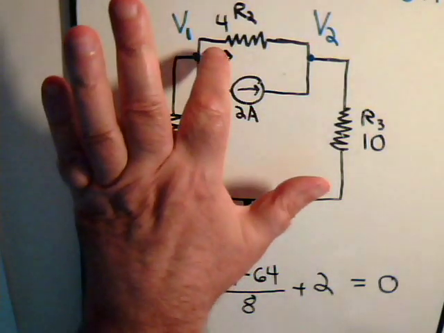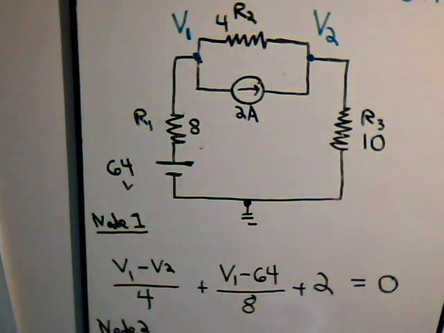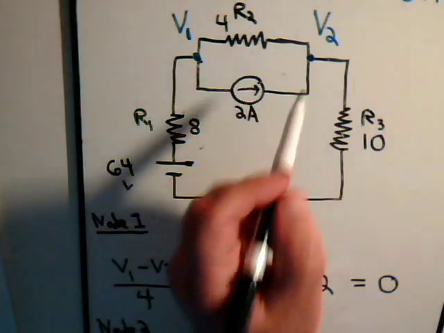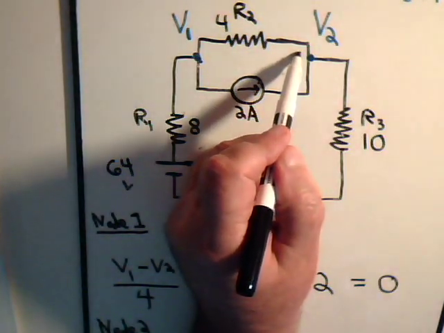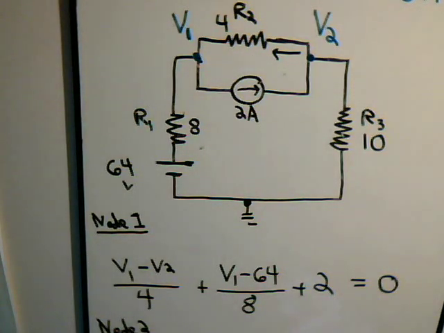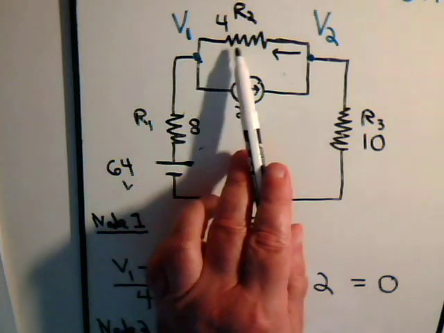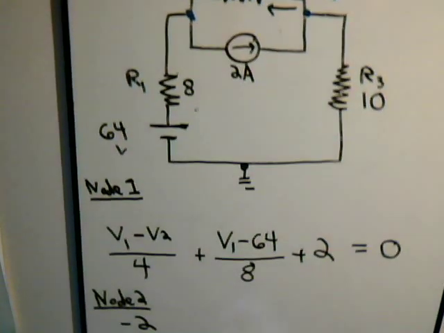Now, for this node, again, all unknown currents, we assume, when we're setting the problem up, are flowing out of the node. So now here, we're assuming the current through this resistor R2 is in that direction, and the magnitude of it is going to be V2 minus V1 divided by 4.